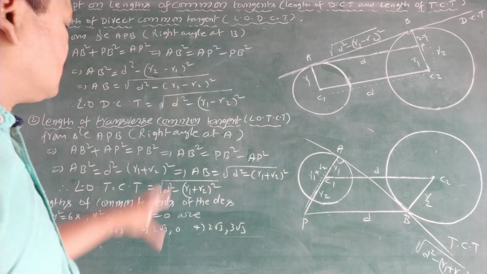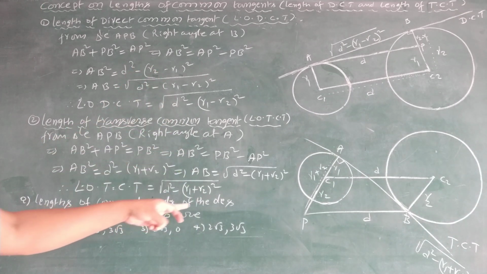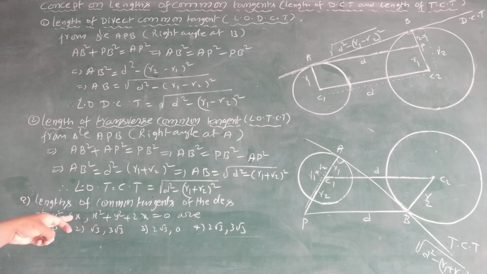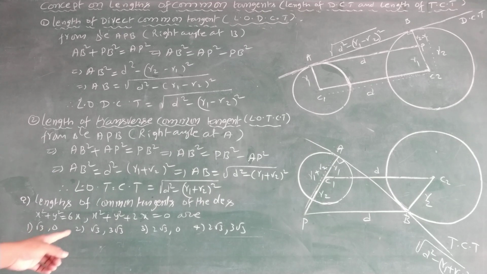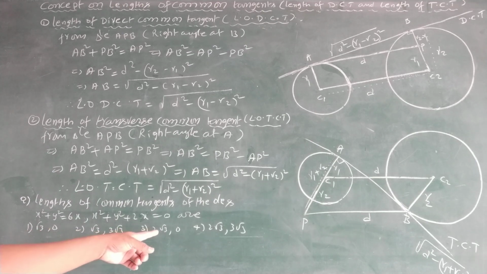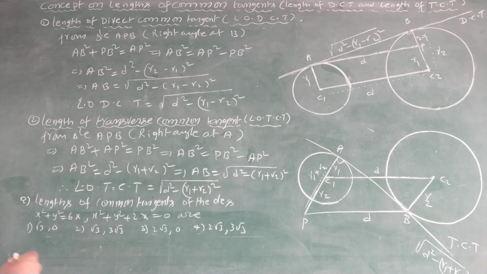Now we have to do a question on this concept. The lengths of common tangents of the circles x square plus y square is equal to 6x and x square plus y square plus 2x is equal to 0 are: first option root 3 comma 0, second option root 3 comma 2 root 3, third option 2 root 3 comma 0, and fourth option 2 root 3 comma 3 root 3. Now we have to solve this question.